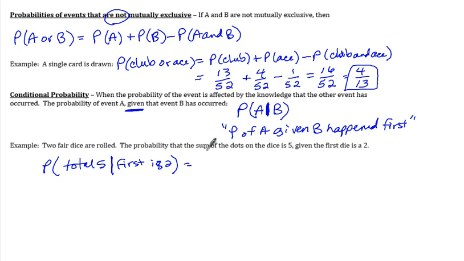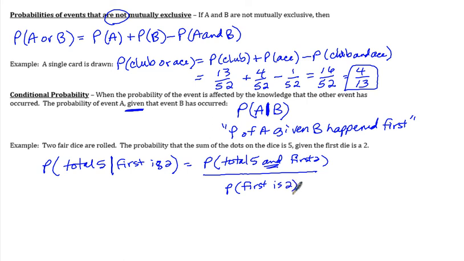To calculate this, we say, what's the probability of the total being 5 and the first being a 2? Once we have that, we divide out the probability that the first is a 2.